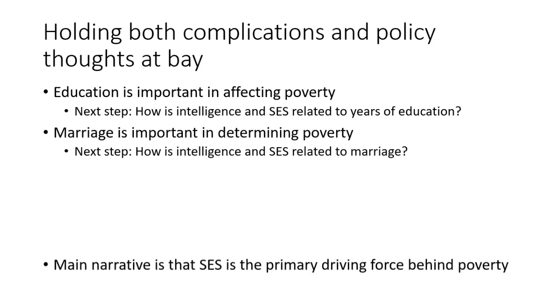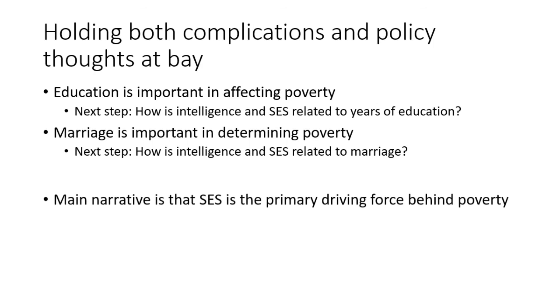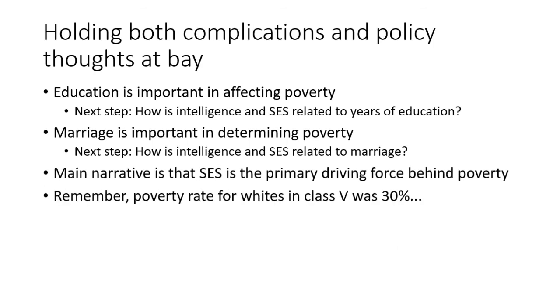So the main narrative is that SES is the primary driving force behind poverty. And this is something I touched on just moments ago, that definitely flies in the face of what I assumed and what I have been taught: that socioeconomic status drives poverty. If you come from a poor background, the system is against you.